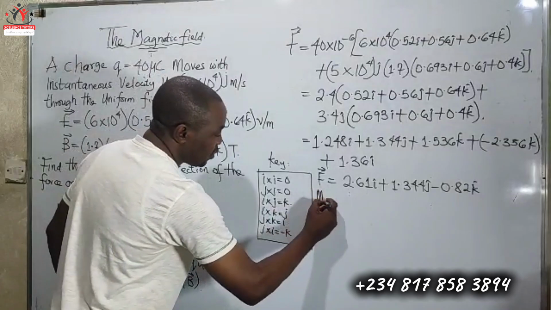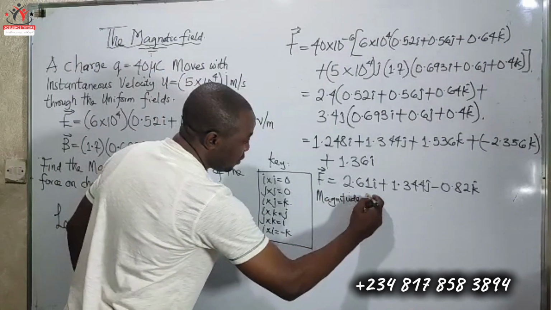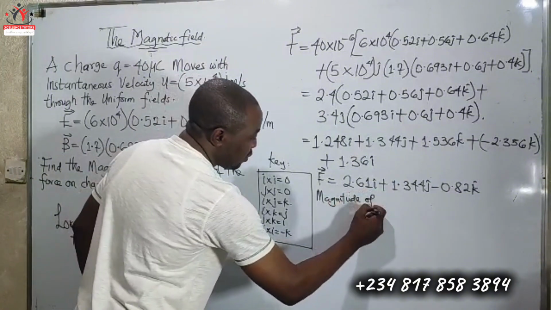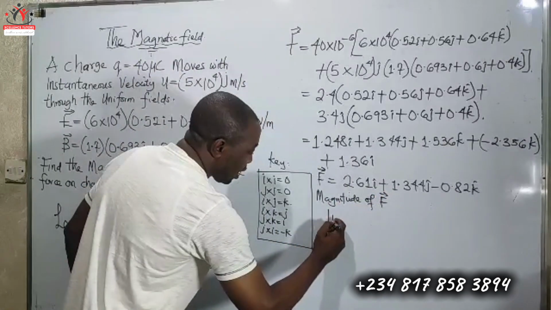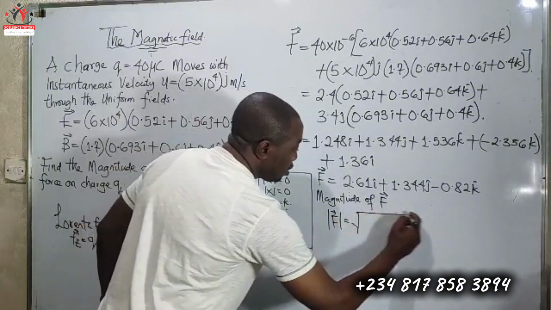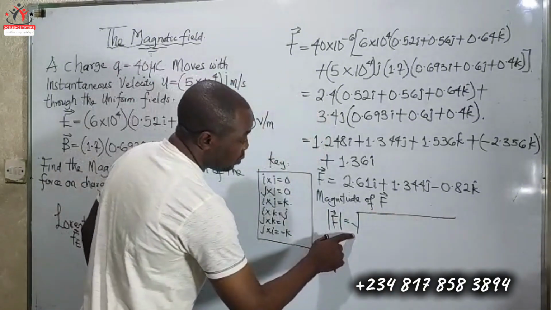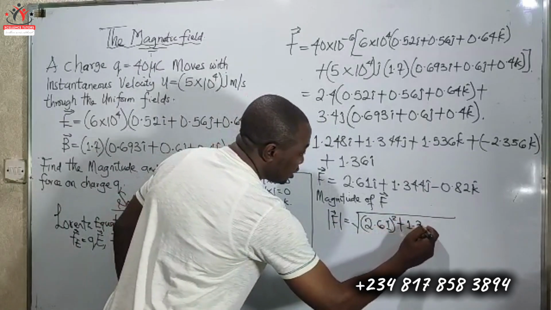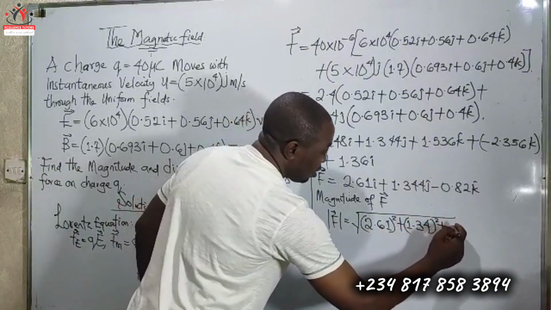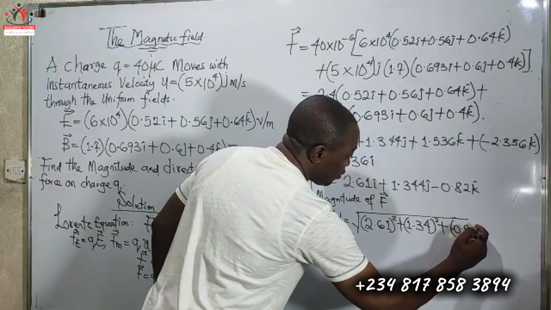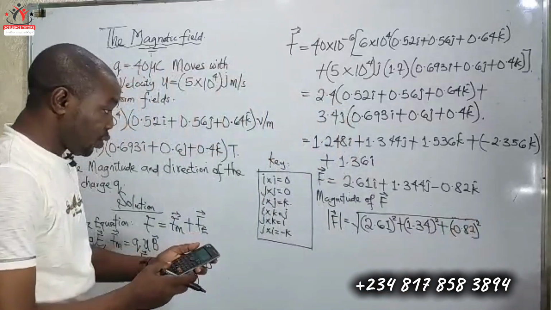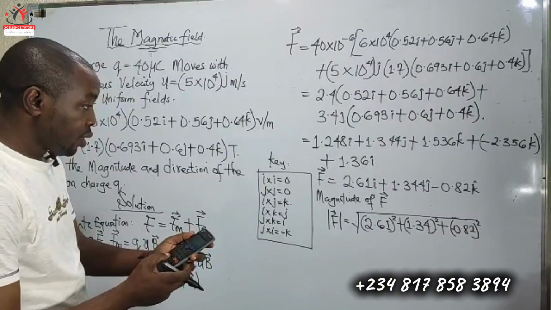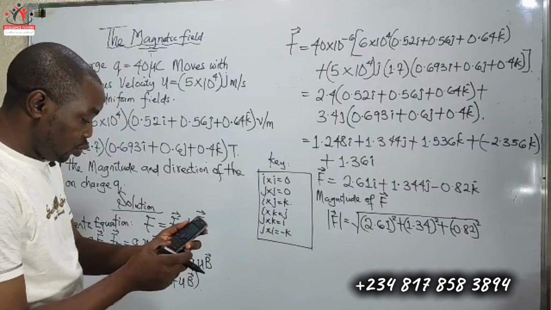So to obtain the magnitude of F, the magnitude of the vector force, the magnitude will be the same thing as the modulus, so it's going to be the positive square root of 2.61 squared, then 1.34 squared, then also plus negative 0.82 squared. So let's find 2.61 squared plus 1.34 squared plus 0.82 squared.